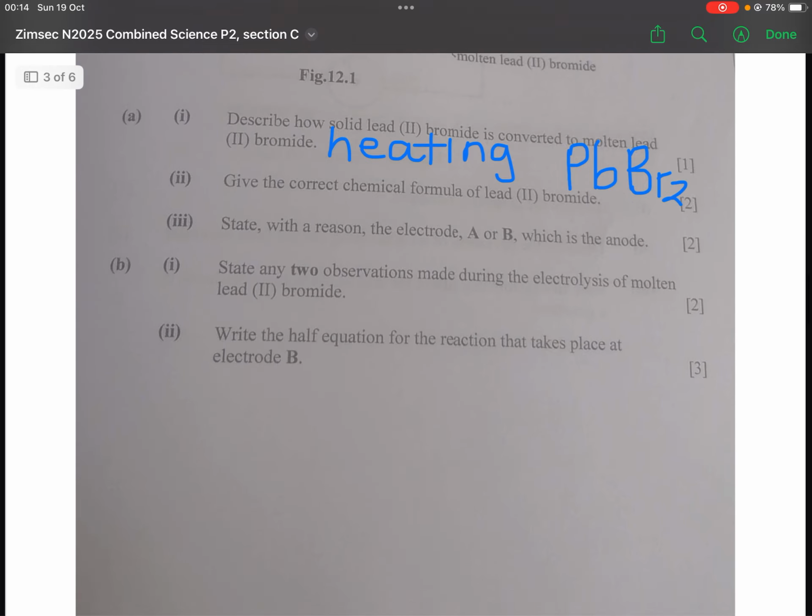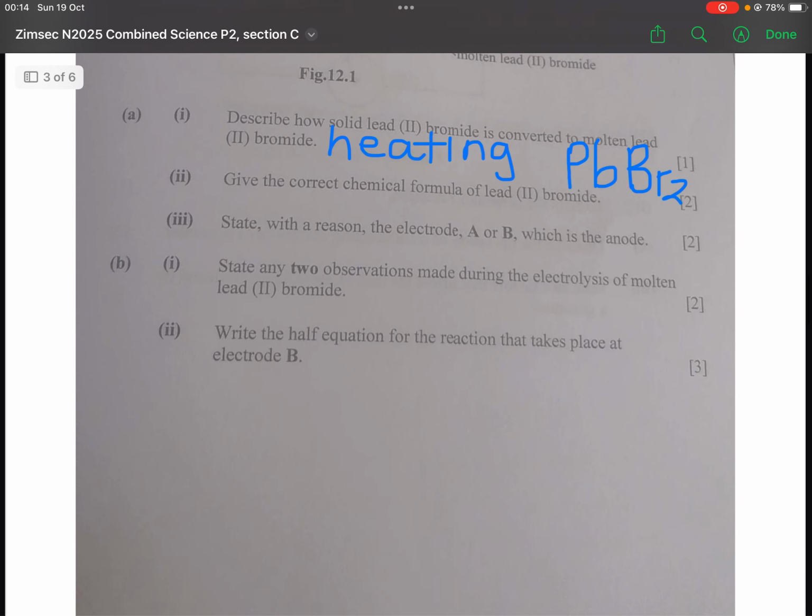And then on B part 1, state two observations made during the electrolysis of molten lead(II) bromide. So we need to state the observations that occur. We need to explain what is going to happen at the cathode, right? And also at the anode. At the cathode, that is where the lead is going to be deposited.